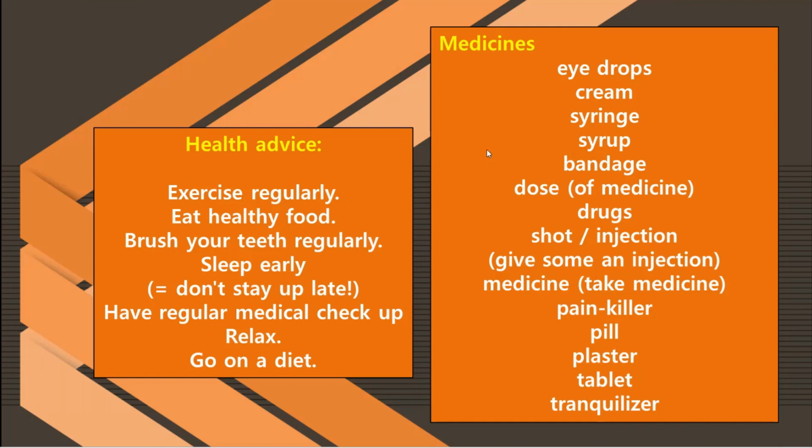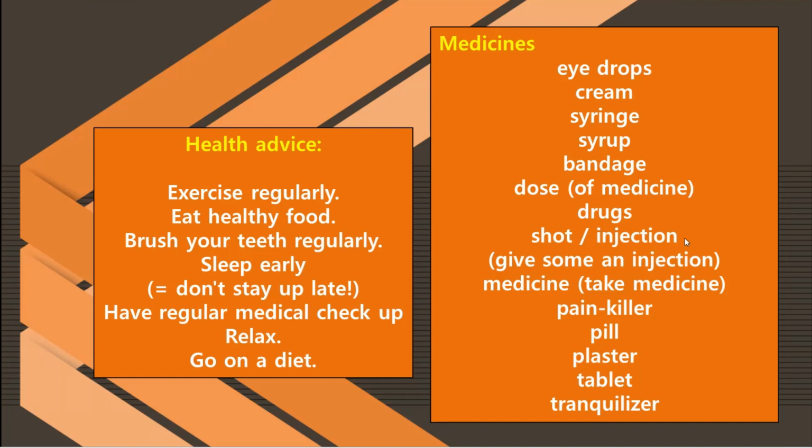And then now we come to the medicines vocabularies. There are some eye drops, for our eyes, and then cream, and then syringe, syrup, and then bandage, and then dose of a medicine, drugs, and then shot or injection, and then give someone an injection.